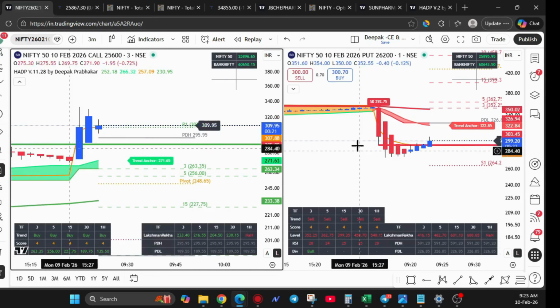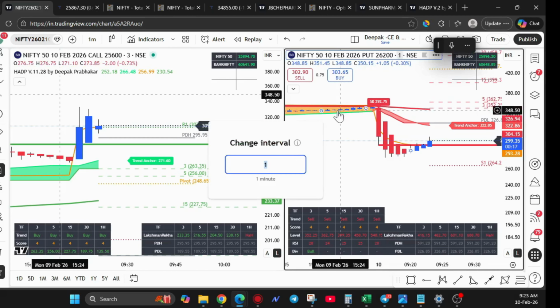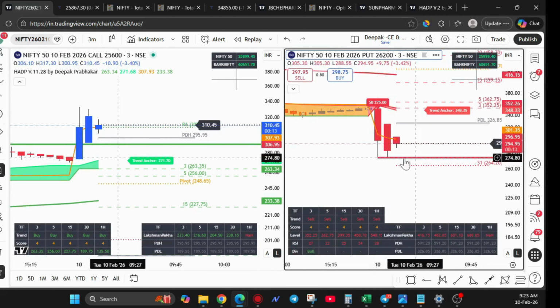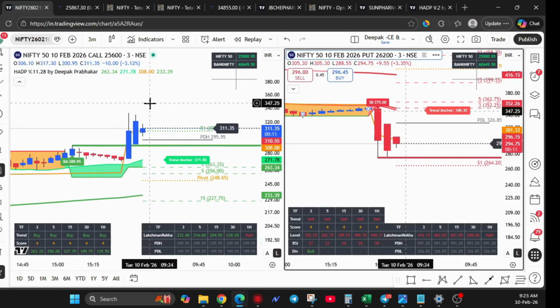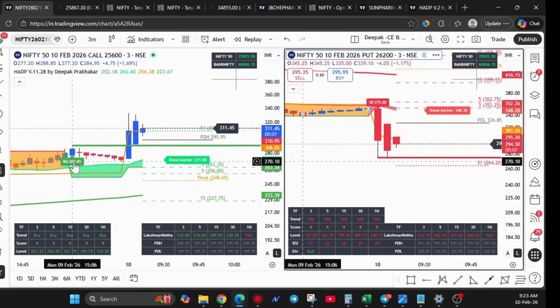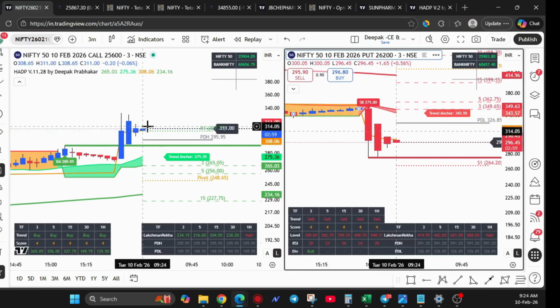Now in the 3 minutes candle, you see, if I put a call and put on a 3 minutes candle, the 3 minutes has printed a sell below, it has not broken, but the 3 minutes has also not, and 3 minutes had printed yesterday a buy at 3.6. Now that buy is still on, right, on the 3 minutes.